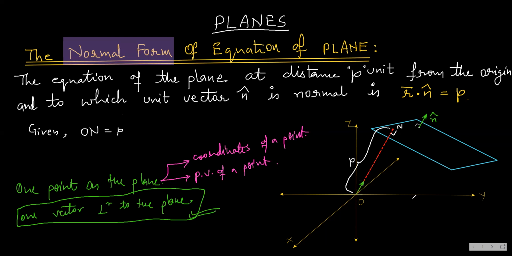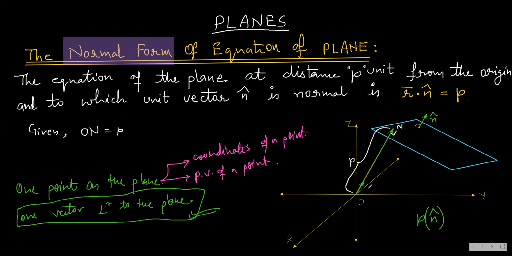I will get p times n cap. What is p times n cap? Think. P times n cap will be a vector which is this vector. And we will get p n cap. P n cap is this vector.